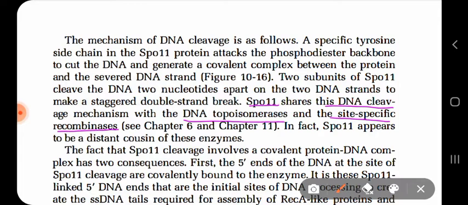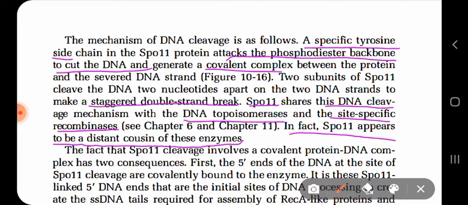In fact, SPO11 appears to be a distant cousin of these enzymes, meaning related, far away. So within SPO11 there is a specific tyrosine side chain, which attacks the phosphodiester backbone in the DNA and generates sticky ends, a staggered double-stranded break.